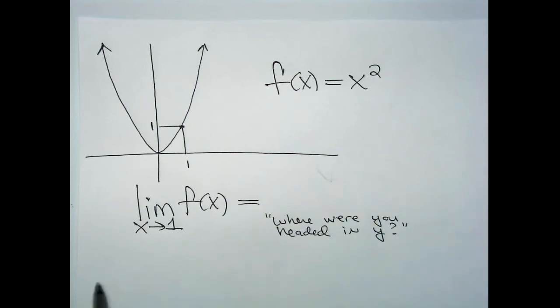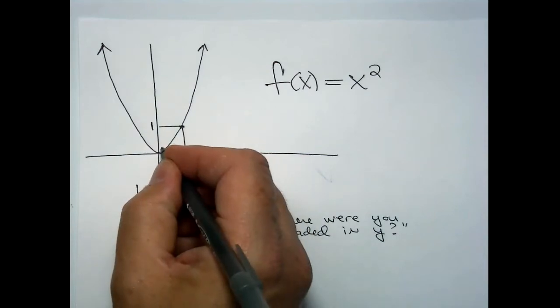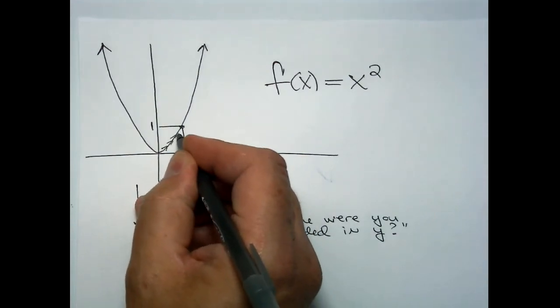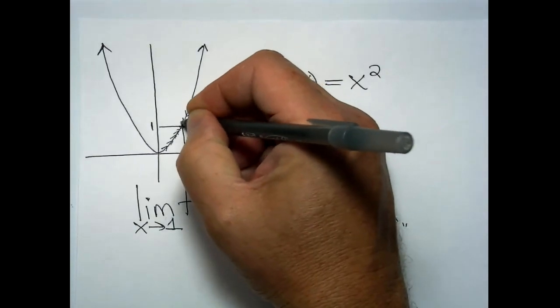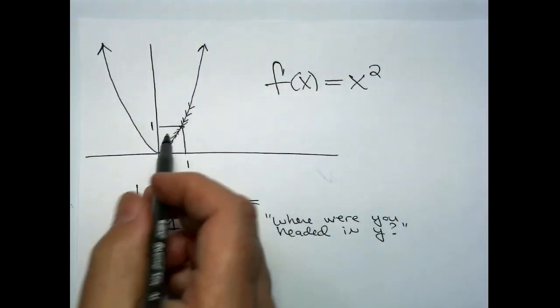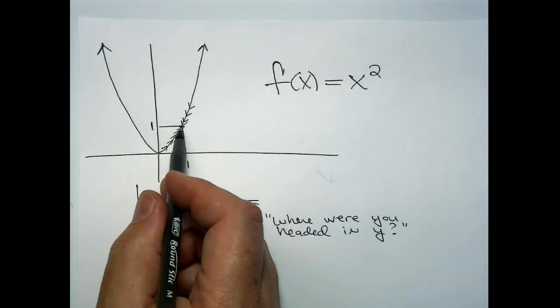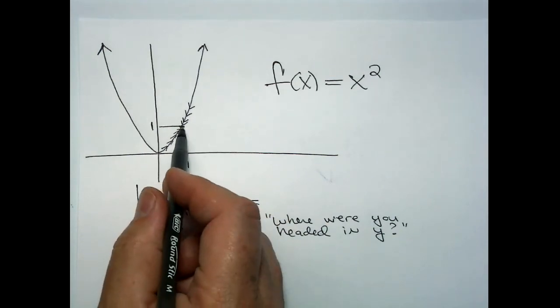Okay, so literally, to do your limits, I would do this on a graph by coming at x equals 1 from the left side, coming at x equals 1 from the right side, and being in agreement that we are headed to y value 1.